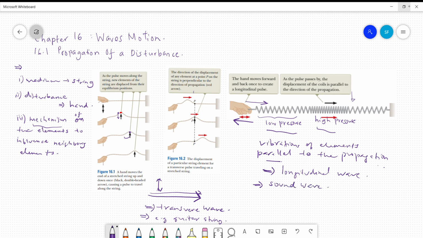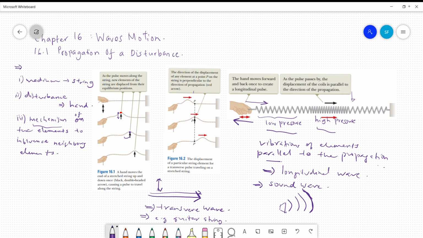Sometimes when we look at a speaker, you notice the sound wave symbol, something like this, isn't it? Why? There is a meaning behind this symbol. The lines here represent the high pressure region. Pressure of what? Pressure of air particles. Sometimes we use the words high air density region or low air density region.